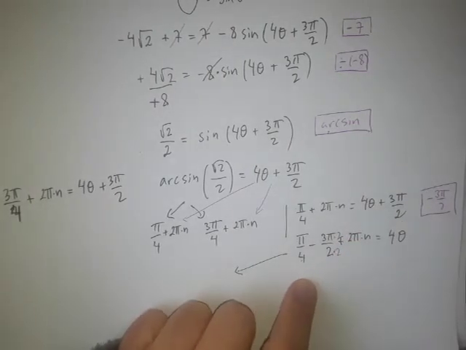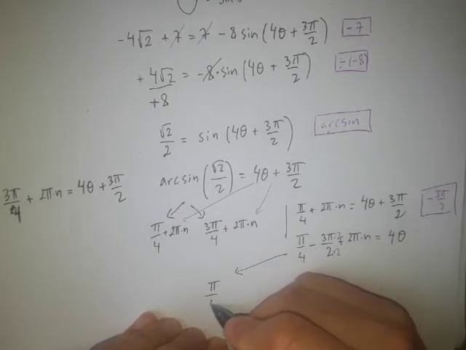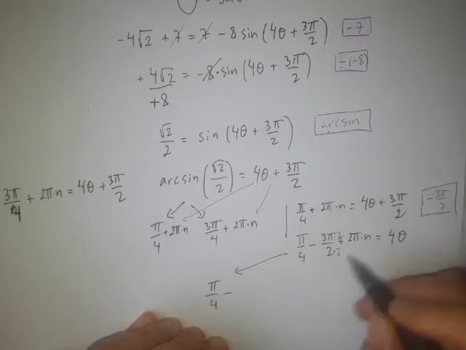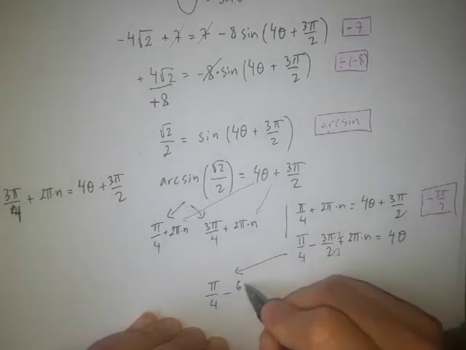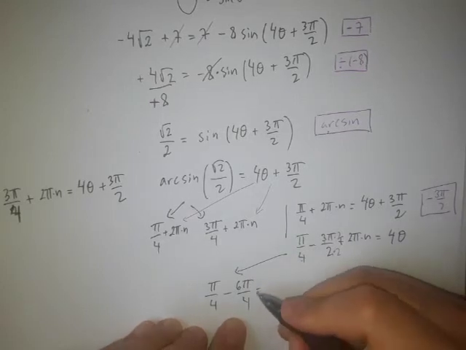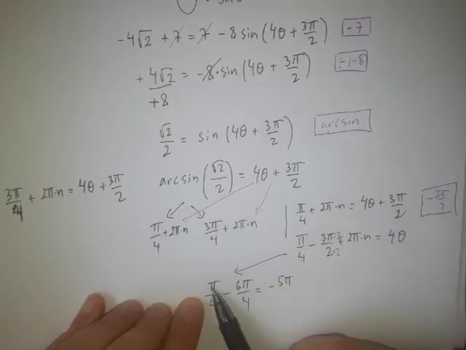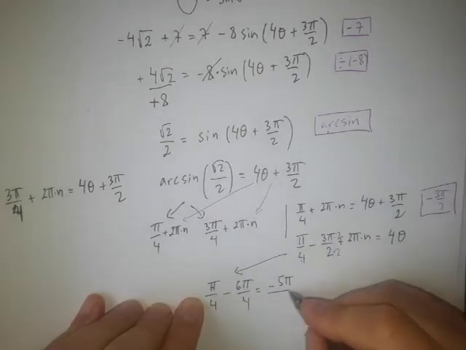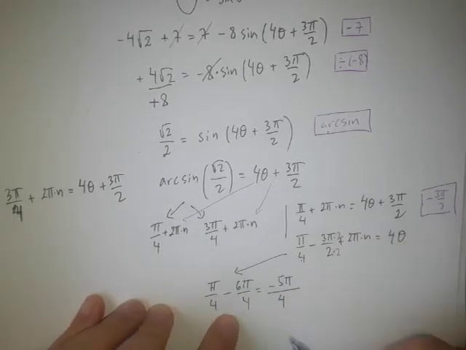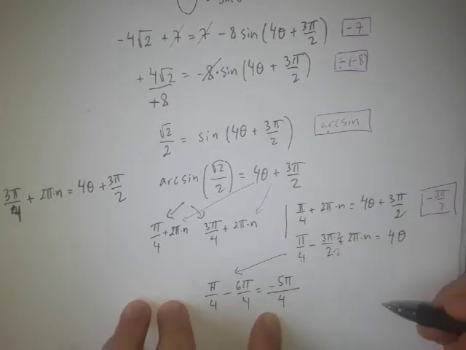So what we get is pi over 4 minus 2 times 3, which is 6 pi over 4. So now we get negative 5 pi over 4, pi minus 6 pi.